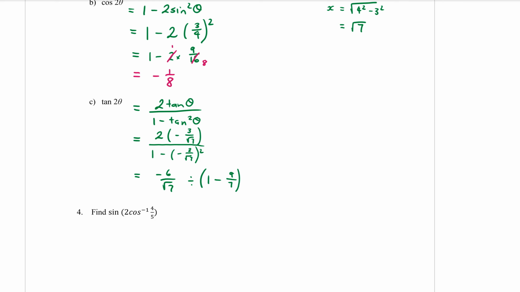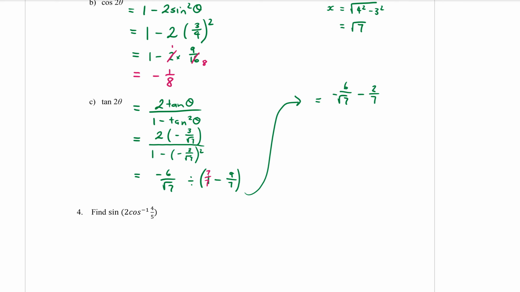I've changed that into divide form, so I didn't have fractions in fractions. Okay, so keep going from there. We still have that negative 6 over root 7. Now we need to subtract 1 minus 9 over 7. Well, that's 7 over 7 minus 9 over 7, or in other words, negative 2/7.